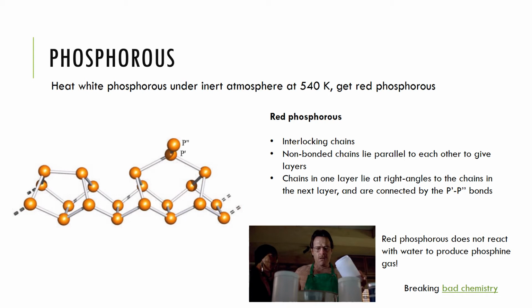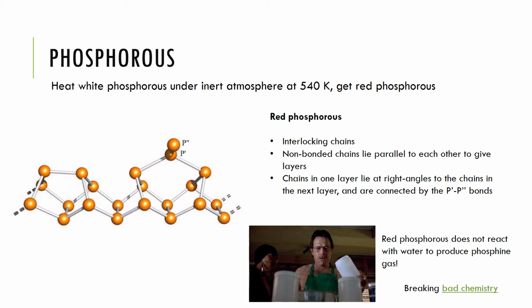And to get out of it, Walt decides to take red phosphorus that he's using in his crystal meth synthesis and throw it into water, and it creates this huge explosion, and this colourful gas evolves from his actions. And they exit the caravan, and as they're walking off, Walt says that when you throw red phosphorus into water, you get phosphine gas.